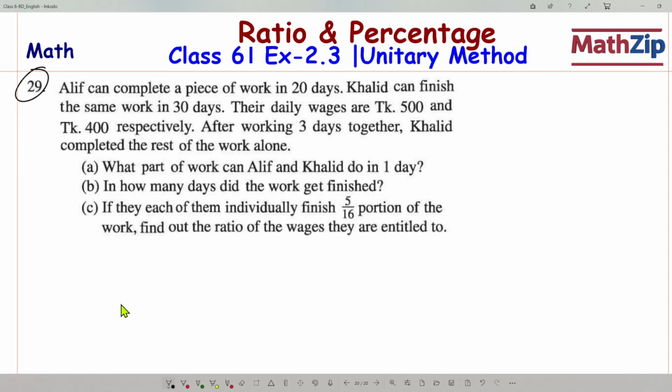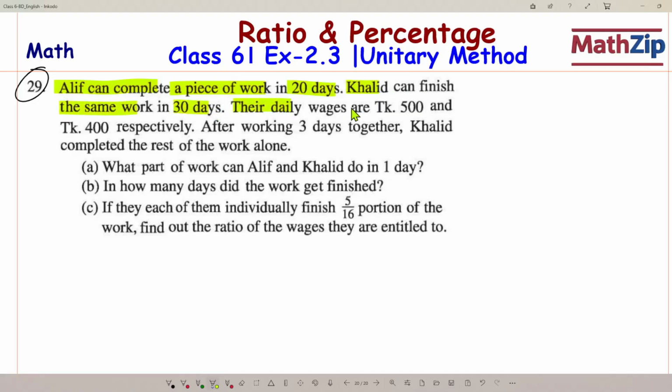is number 29. Number 29, here are 3 questions together, it means it's a CQ question. Question is, Alif can complete a piece of work in 20 days. Khalid can finish the same work in 30 days.